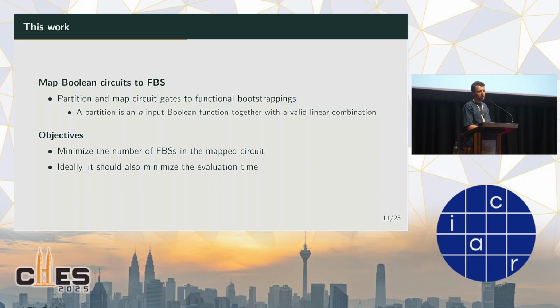Besides, we require that for each subgraph, for each partition of the circuit, we find a valid linear combination which, combined in a functional bootstrapping, can evaluate this subcircuit. Our objective is to minimize the number of functional bootstrappings in the mapped circuit, which ideally should also minimize the execution time. Less bootstrapping, less execution time.